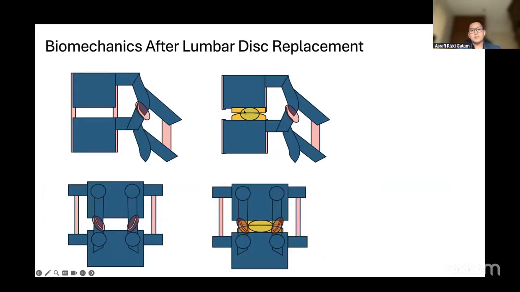So whenever we put in the implants, we want to release the facet pressures that are already happening because of the decrease of the disc height. In order to achieve that, we need to cut the ALL, and also we need to cut the PLL, because these two ligaments are the most powerful ligaments that could change the biomechanics of the spine itself.